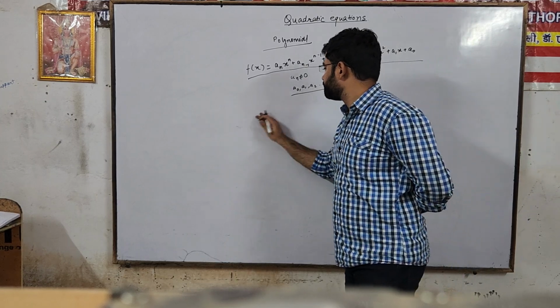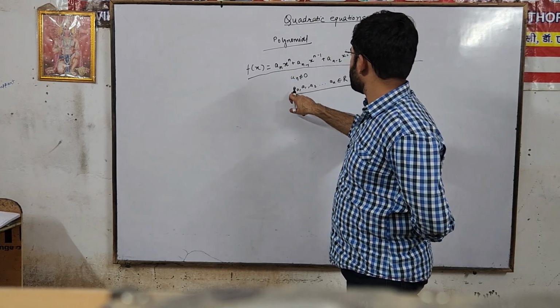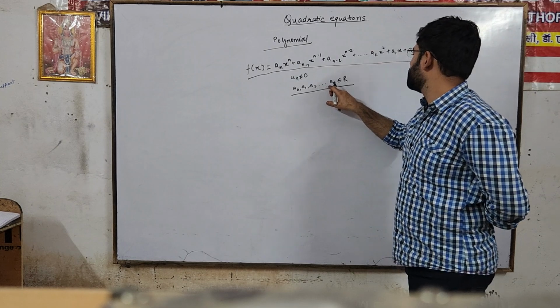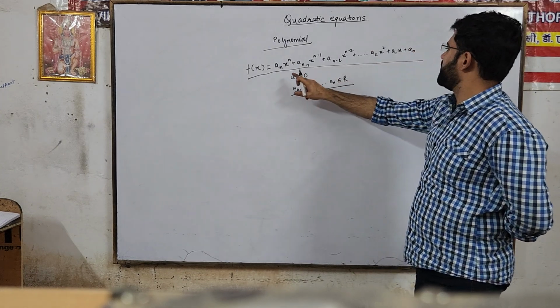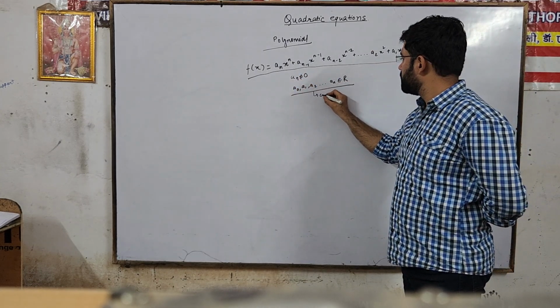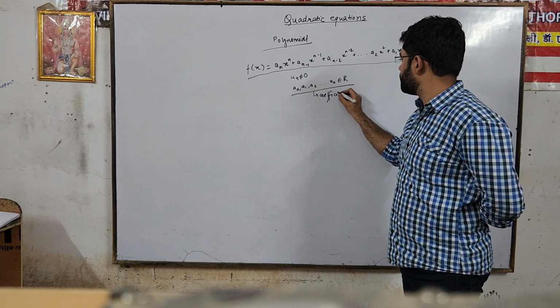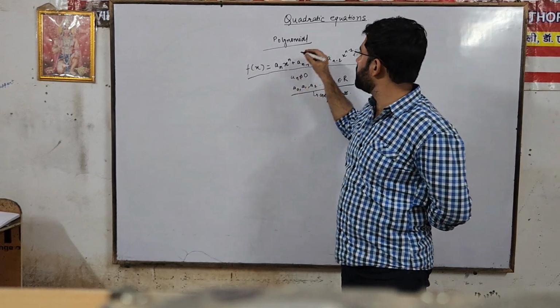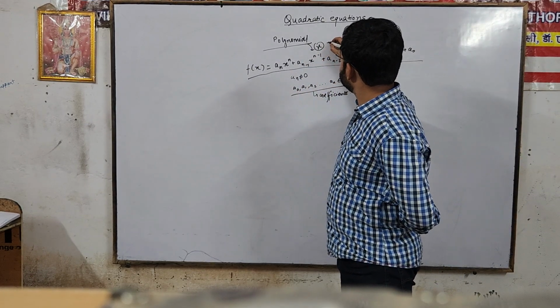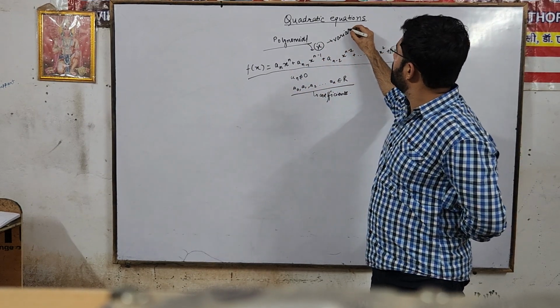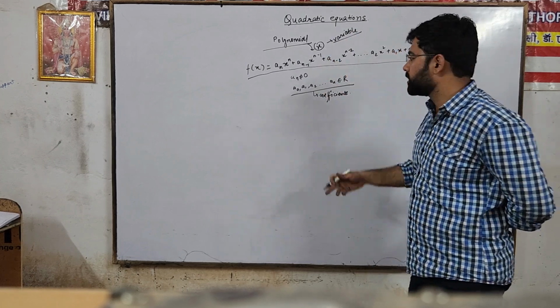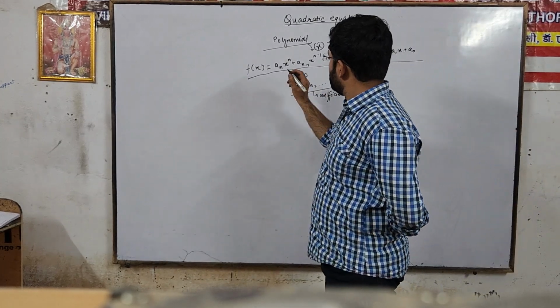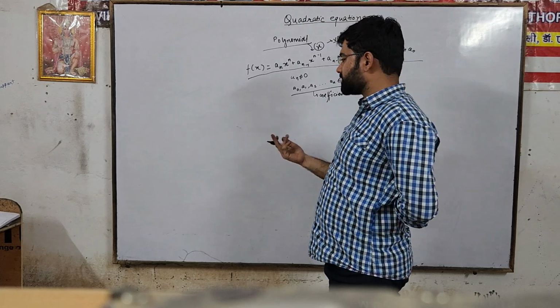Now these numbers a_0, a_1, a_2, a_3, a_4 until a_n, these are known as your coefficients. Coefficients of these terms. This is a polynomial in x, where x is your variable. Now let us define another thing.